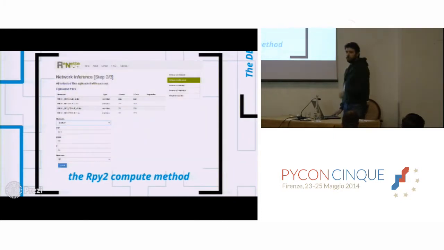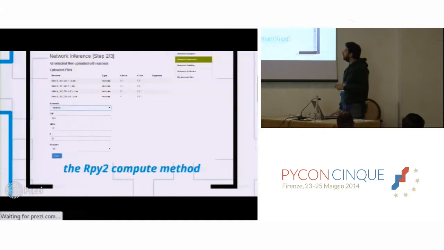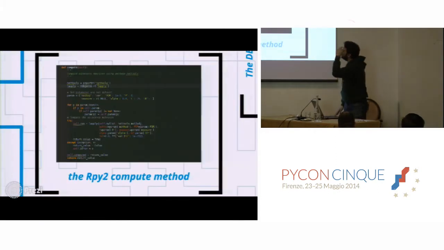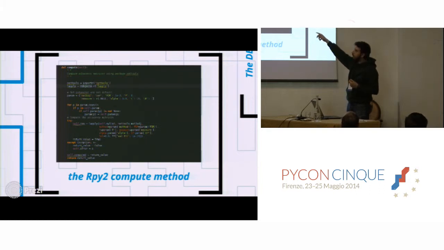So through the web interface, I can choose the network inference, I can upload files, I can choose params, and then I can submit the process. The process is the compute method of the inference. So I import an R library called nettools.